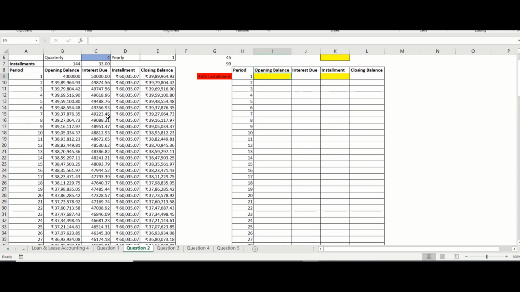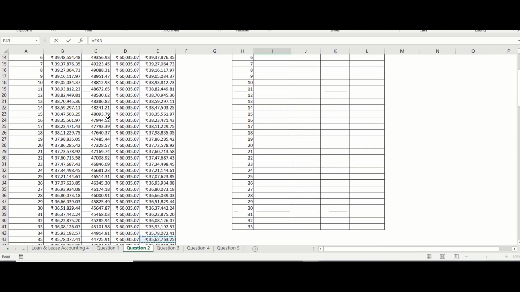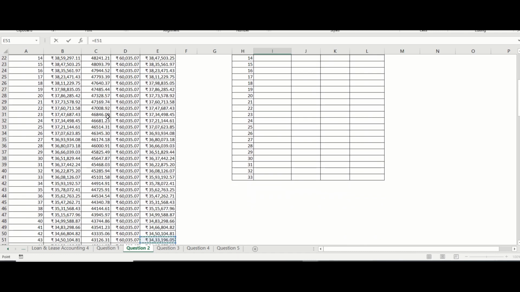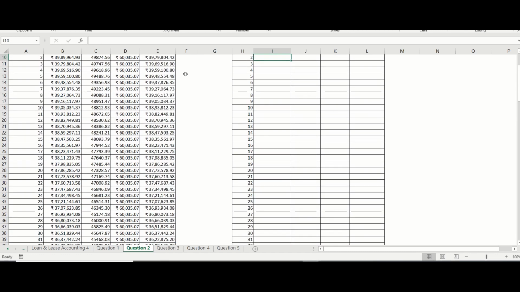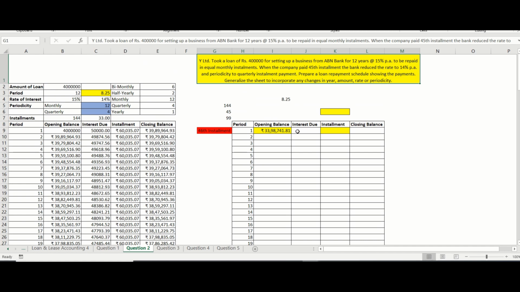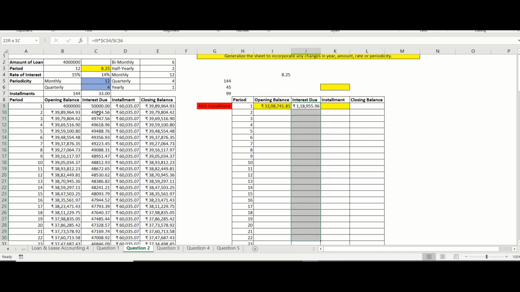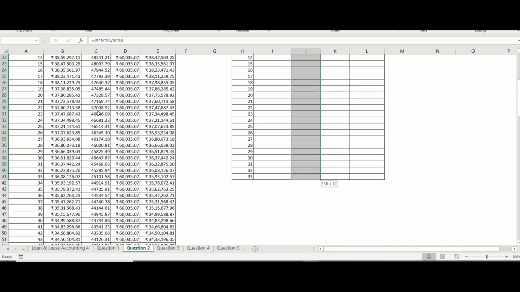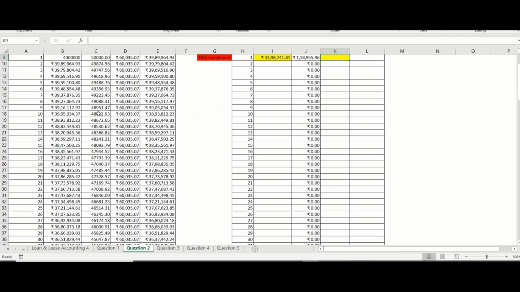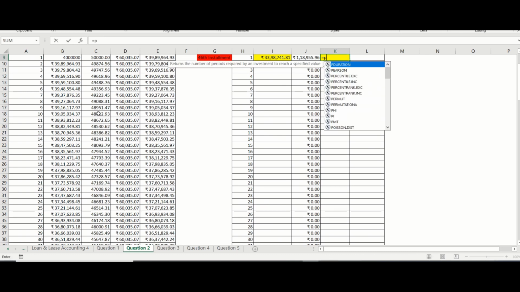What will be my opening balance? My opening balance will be the closing balance of the previous installment. ठीक है? Got it here? My interest due is opening balance multiplied by the new rate of interest, which is 14%. I fix it, divided by quarterly is 4, so divided by this. I just drag it down till 33rd. What will be my installment amount?